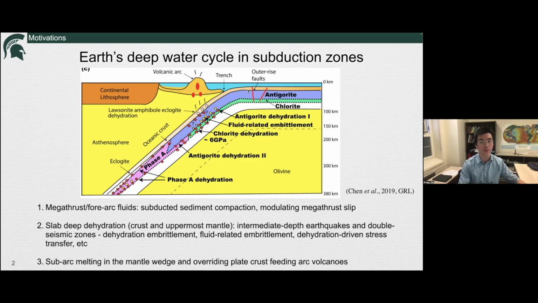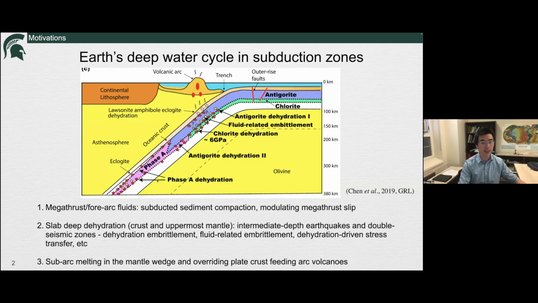Then once the plate is subducted to greater depths, the water will be released in all kinds of processes like compaction or metamorphic dehydration reactions, and then water will return to the surface to form a volcanic arc.